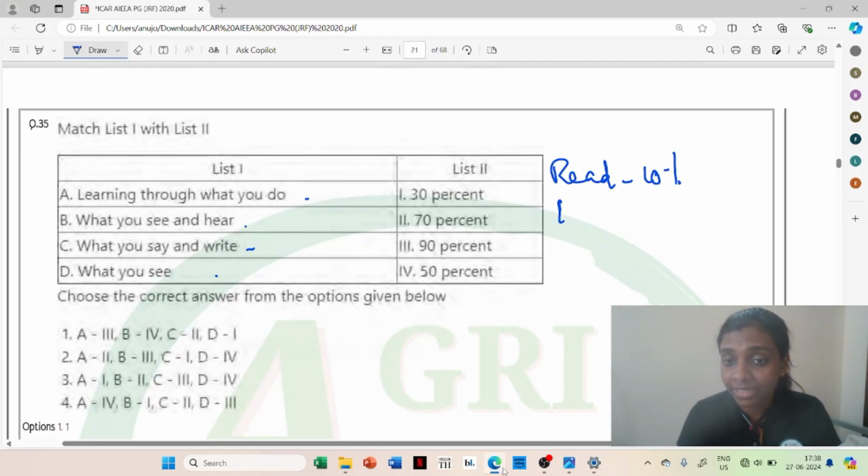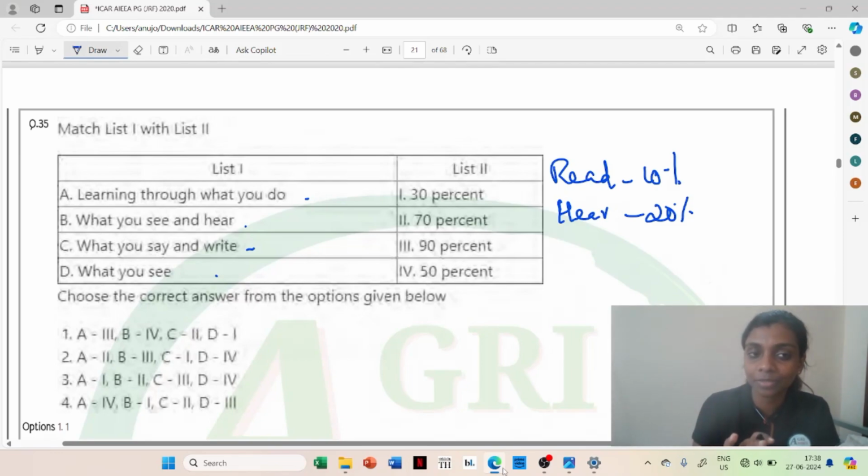When you hear something, you remember 20%. So when you get the question paper and read it, you may retain just 10%. Rather than that, through these videos, if you are hearing, you will retain 20%. Then when you are seeing something, you tend to remember 30%.